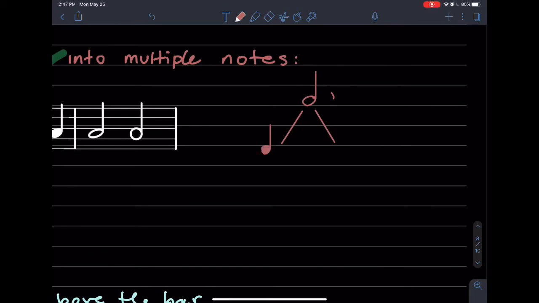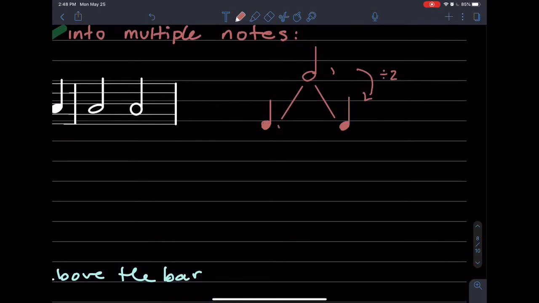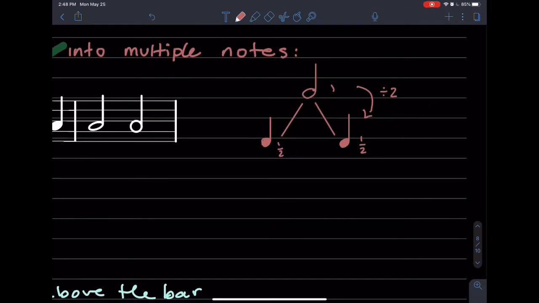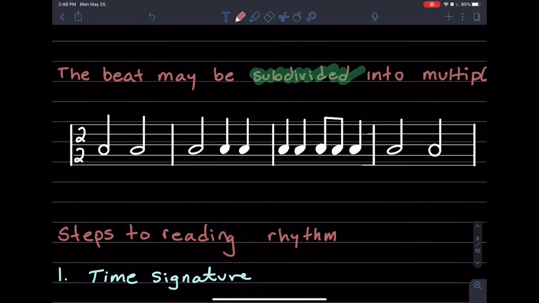If you remember from my earlier video, I said that 2 quarter notes are equal in length to 1 half note. That means when we go this way, we're dividing by 2. We're dividing this half note into 2, which means that each of these quarter notes is now worth half of a beat according to the time signature. So in this time signature, each quarter note is worth half of a beat.